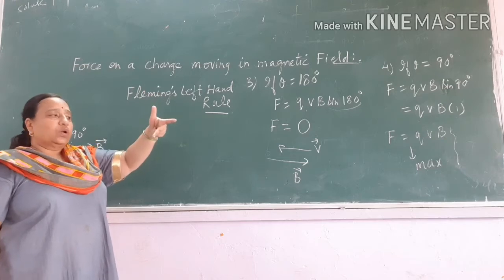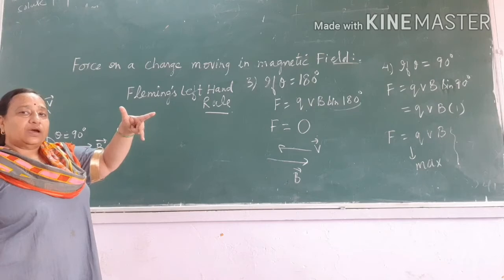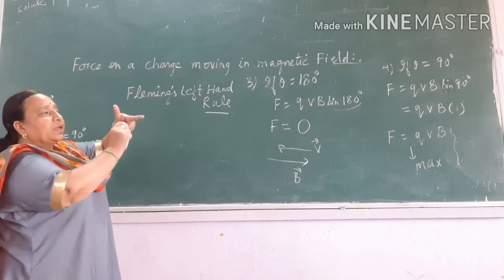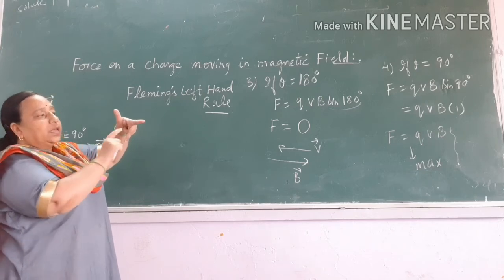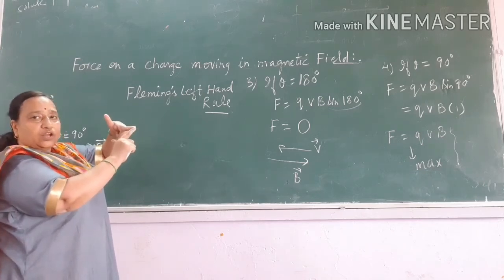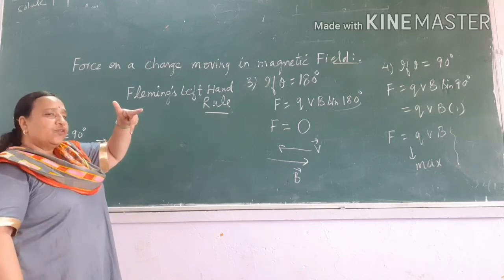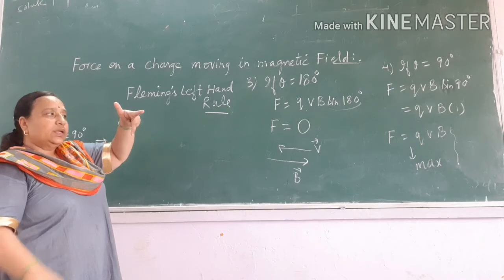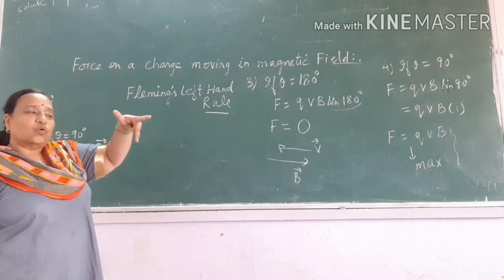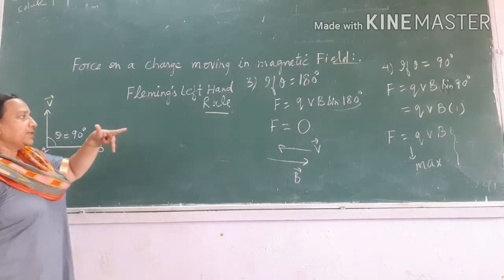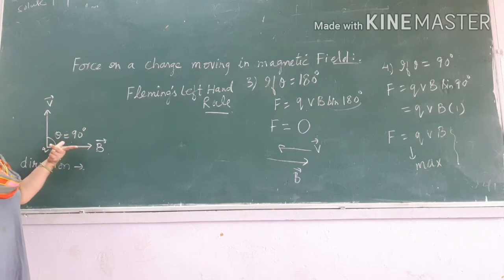According to this rule, if we stretch the left hand three fingers as shown, they are mutually perpendicular to each other. If the forefinger indicates the direction of the magnetic field, and the middle finger indicates the direction of motion, then the thumb will indicate the direction of the force. So let us apply this Fleming's left hand rule to our situation.